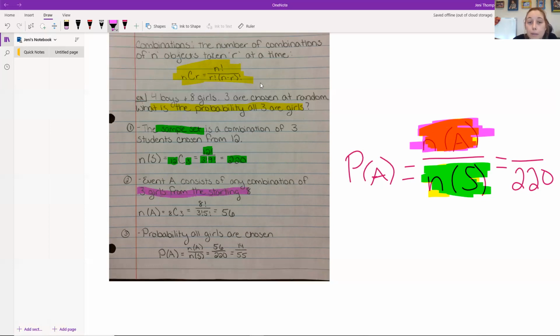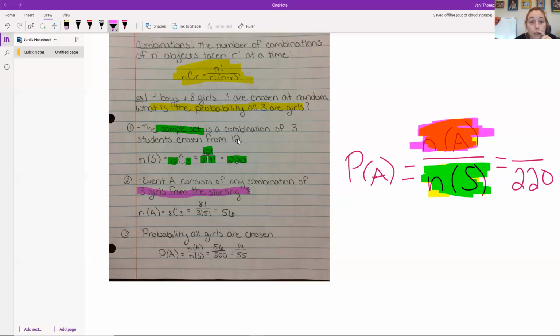We're going to use the formula again to figure out all possible ways that event A can occur. We can only pick 3 girls, because 3 are chosen at random, so we need 3 girls from the starting 8.